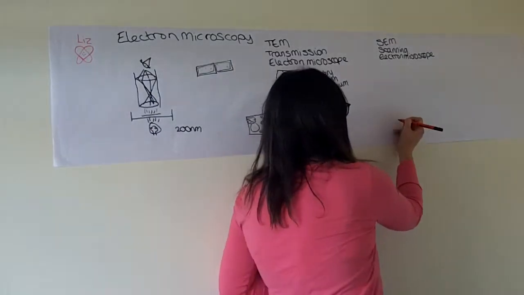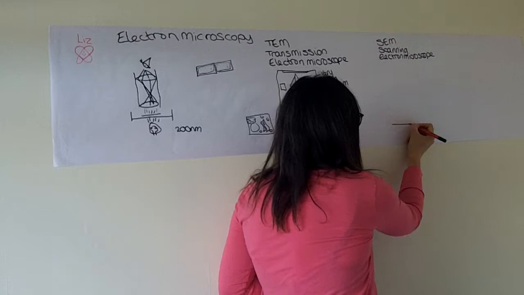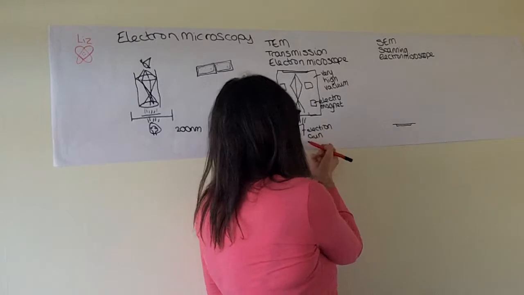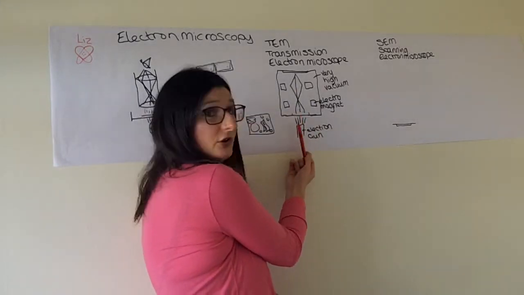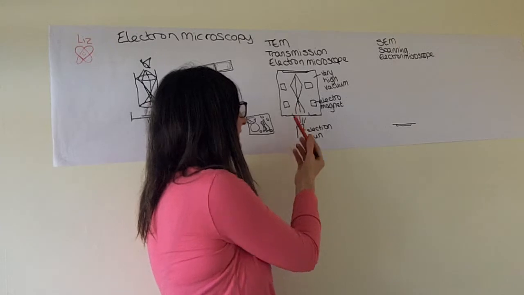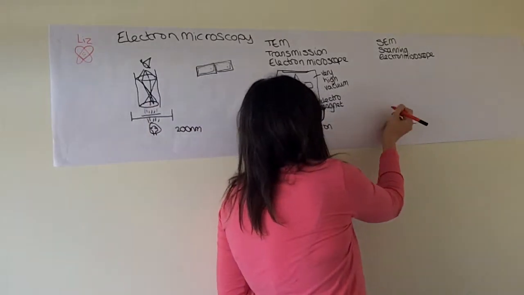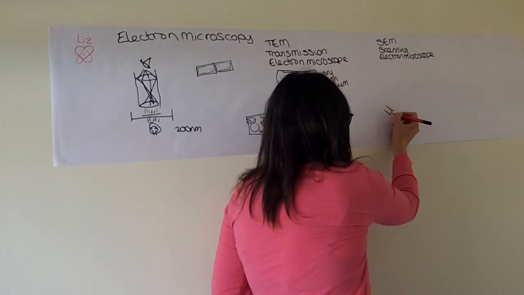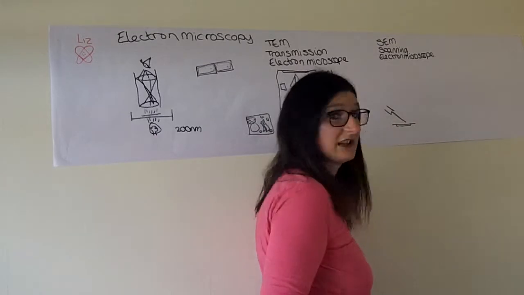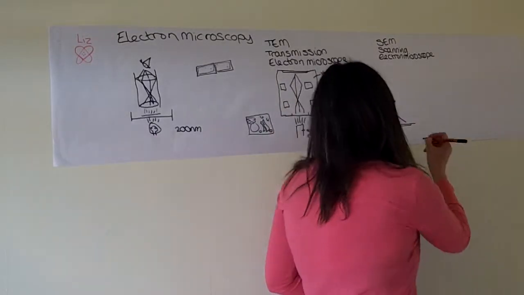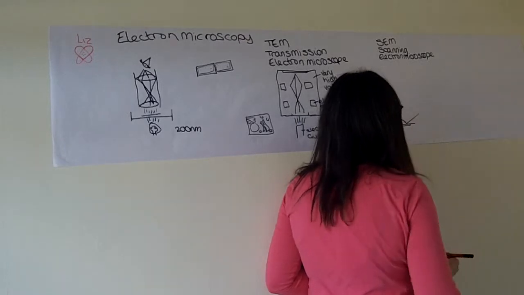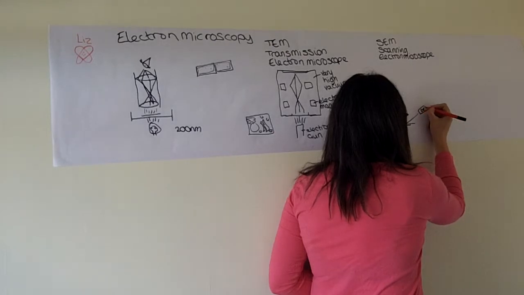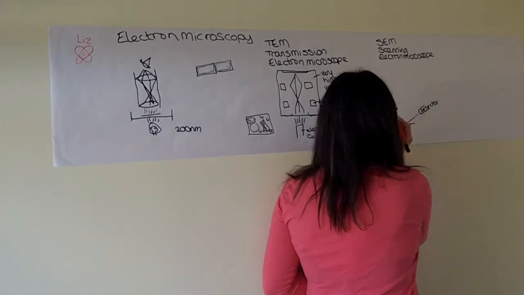So here you have your sample on a plate, like that, and instead of the electron gun being underneath the sample and shining electrons through it, we've got our electron gun here at an angle, beaming electrons down at the sample. So those electrons will bounce off the sample and be detected in a detector. And this is your electron gun.